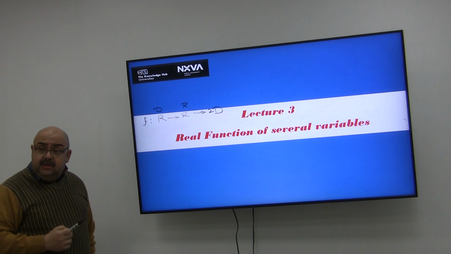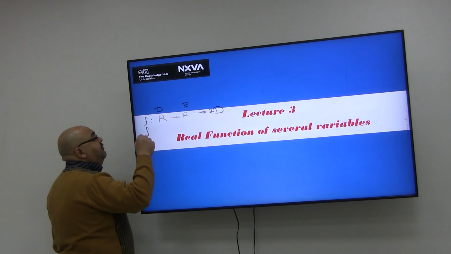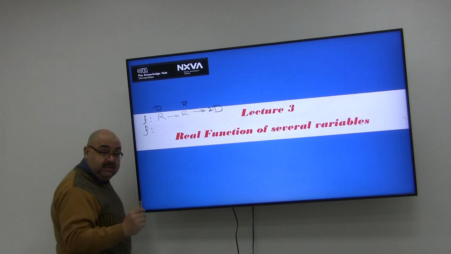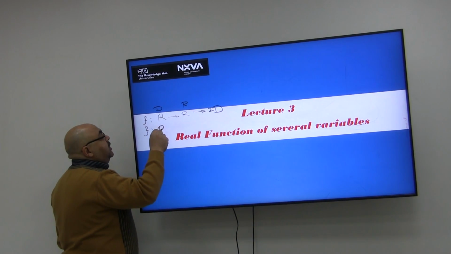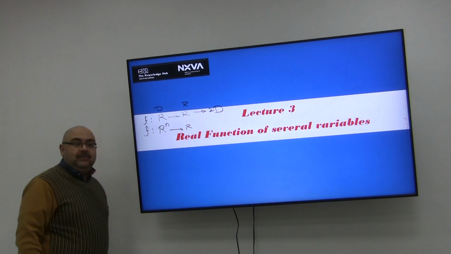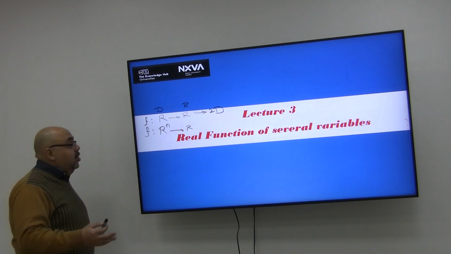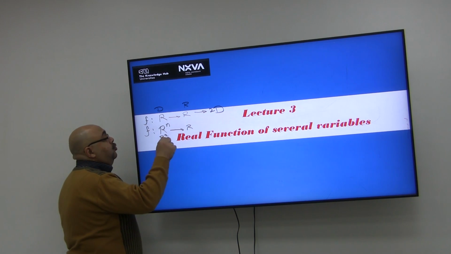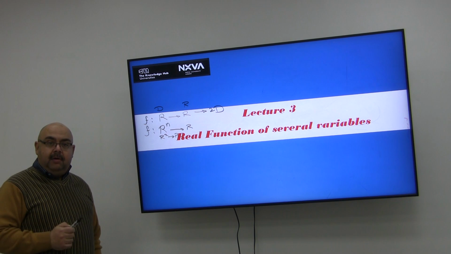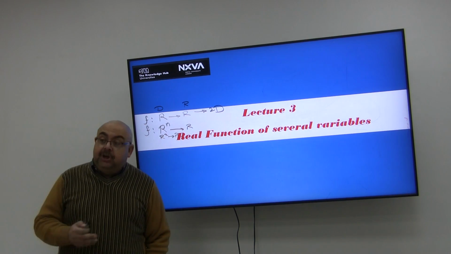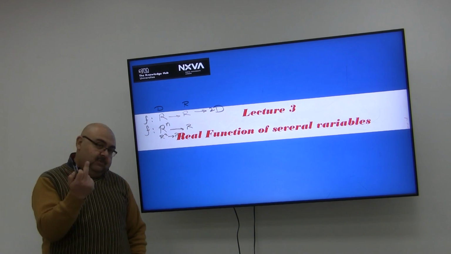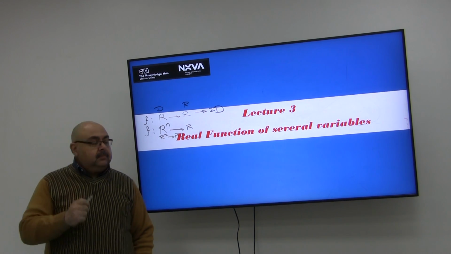Right, I will talk about the case of functions in several variables. And in this case, I will be dealing with R to the power of n into R. So it is the case of having R2 into R, or R3 into R, or R4 into R. So I'm entering several variables and I'm receiving just one output.